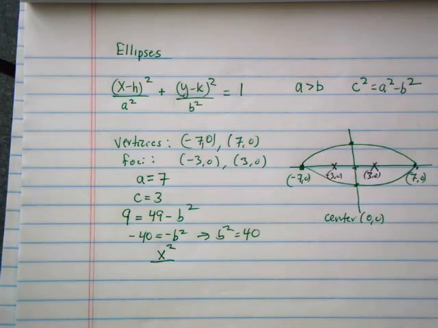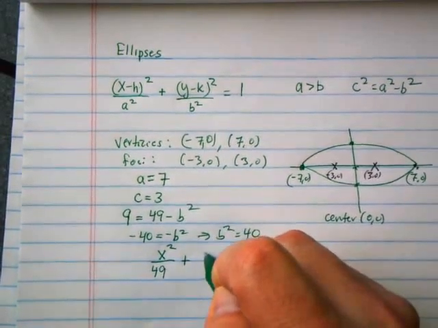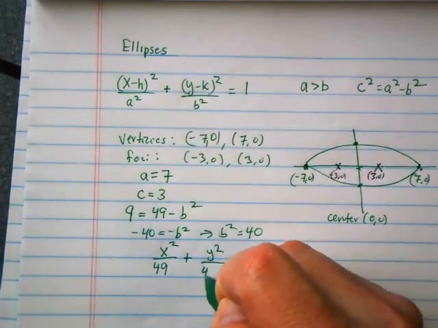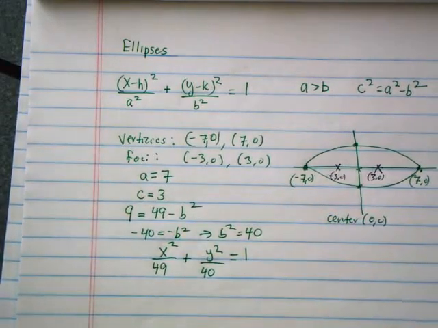Make sure you do 7 squared there. 7 squared is 49. Plus y squared over 40, because b squared was the number 40, equals 1. There's the equation of that ellipse. I don't need h and k because they're 0 and 0. Correct.